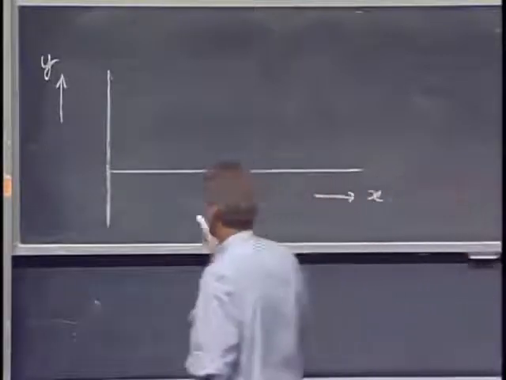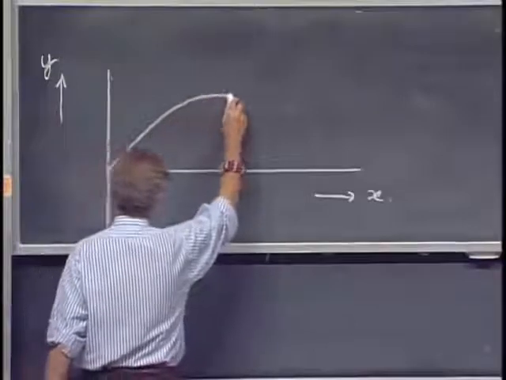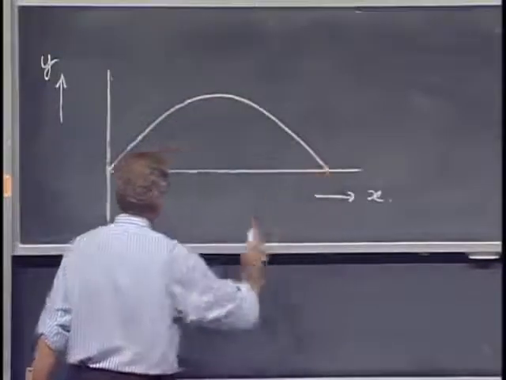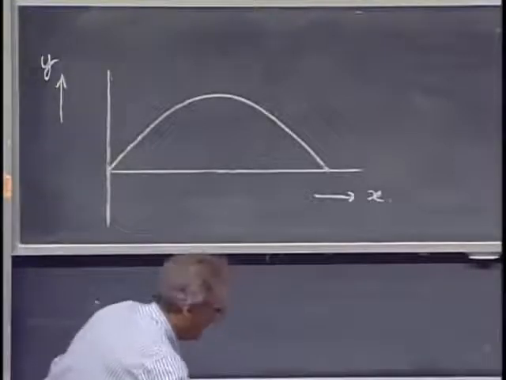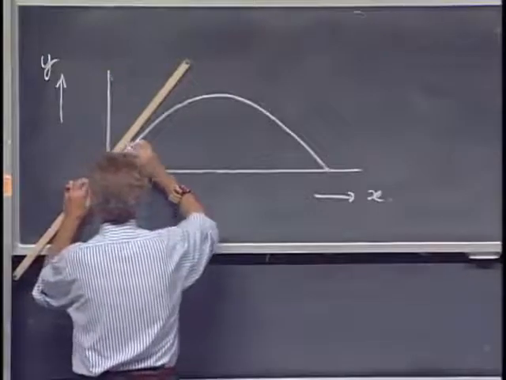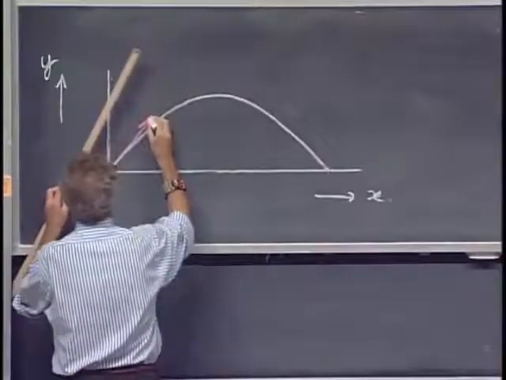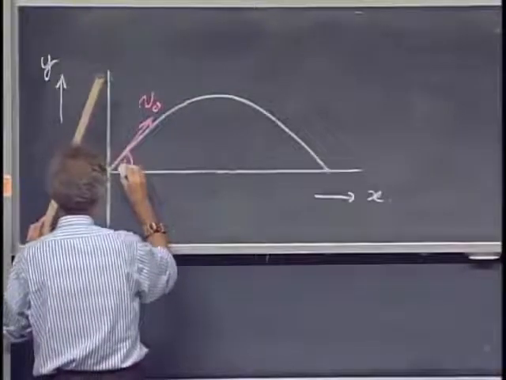I'm free in that choice. I throw up an object at a certain angle, and I see a motion like this, and it comes back to the ground. My initial speed when I threw it was v0, and the angle here is alpha.